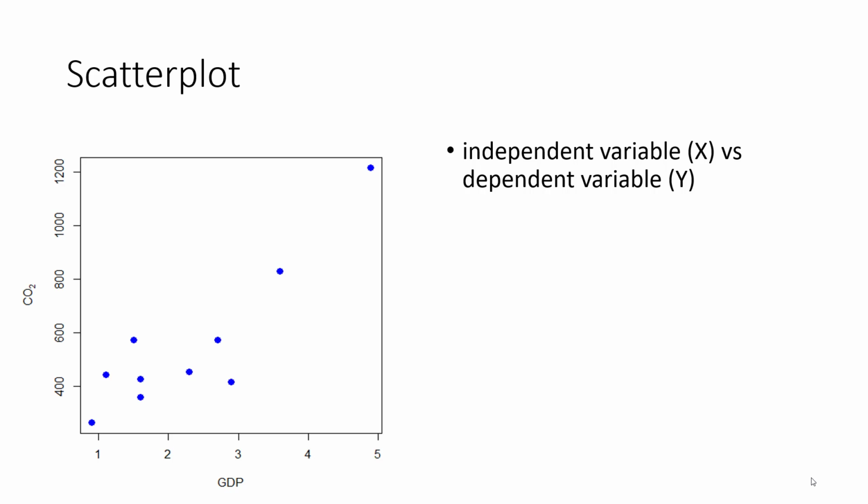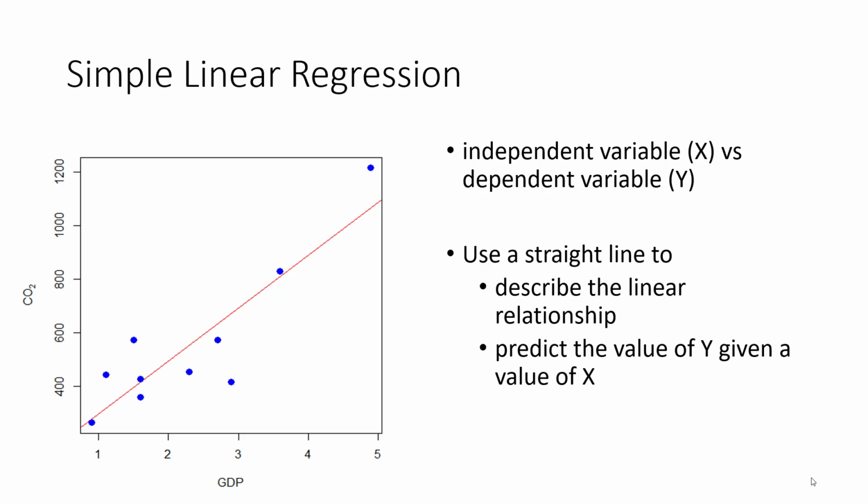As you can see, these 10 points seem to fall along an invisible straight line. The red line here is the best fitting line that can describe the linear relationship between the two variables. This line can also help predict the value of a dependent variable when a value of the independent variable is given.